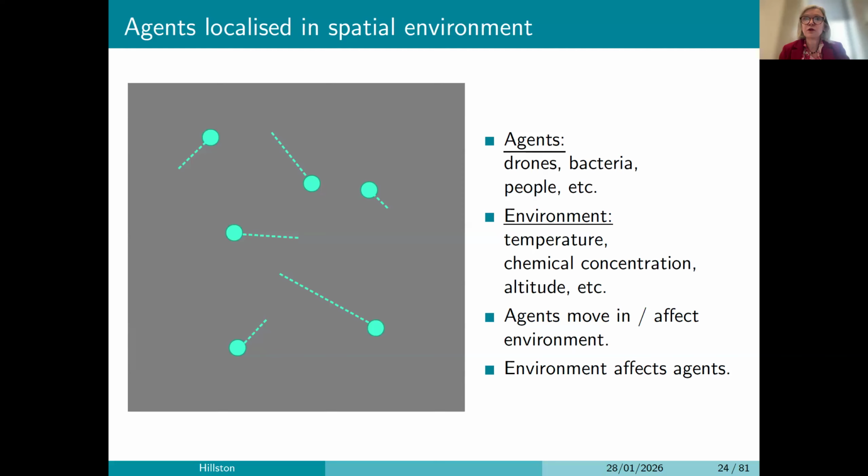So particularly what we're specifically looking at is agents working in some spatial environment. You can think of the agents as being drones, bacteria, people moving in a city centre. The environment might be the temperature, chemical concentration, altitude, and the agents will move in and affect the environment, and the environment affects the agent.